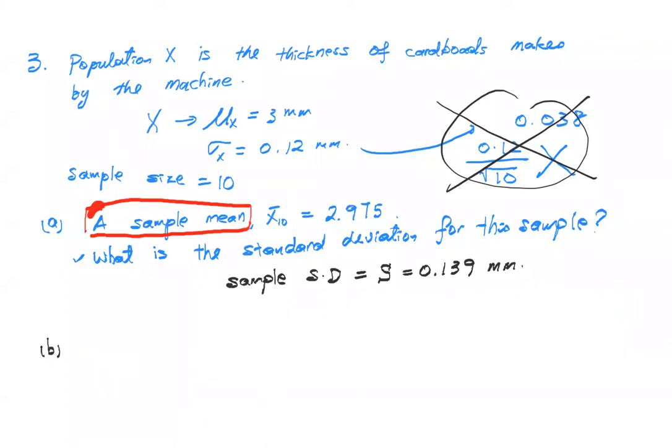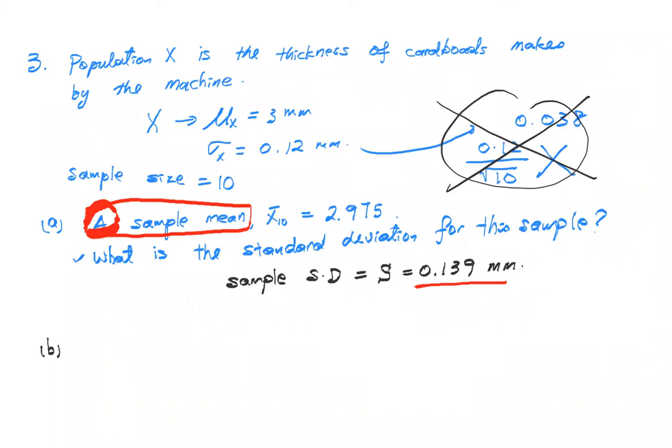You see, I use the word a. That means the mean of a particular sample. So this is the standard deviation of a particular sample. Got it? Okay, so for the answer to part B, you should know what to do.